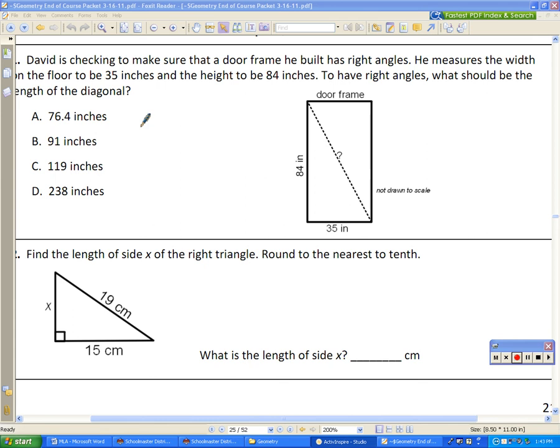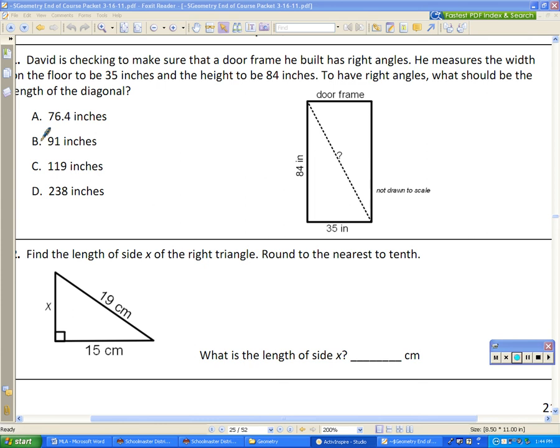So we need 35 squared plus 84 squared equals c squared. What do you get from that? If you square and add them together and then take the square root, you get about 91 inches. All right, so hopefully you all understand how to solve that. Should be easy.